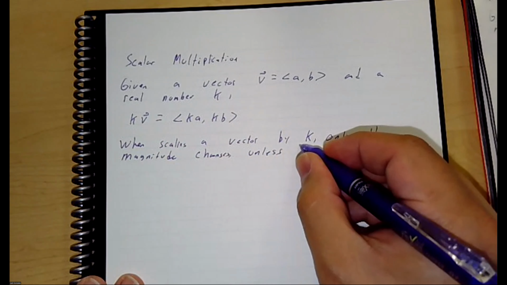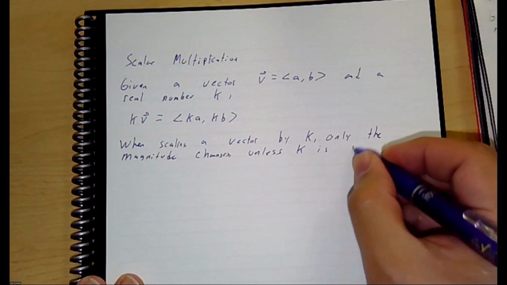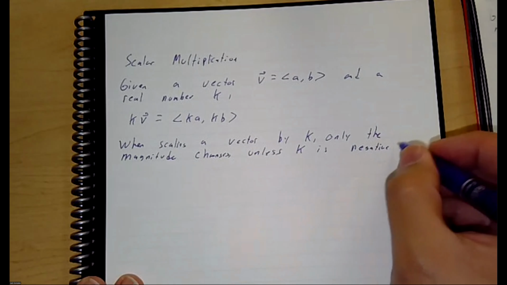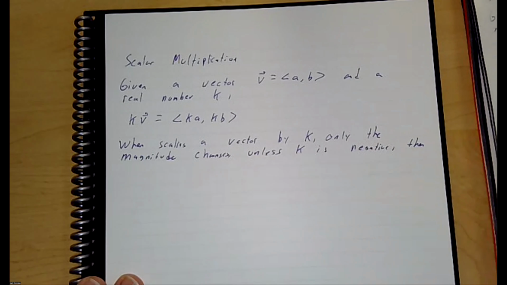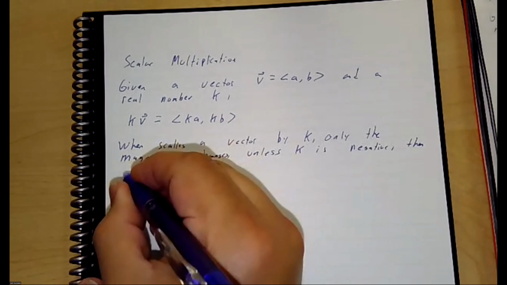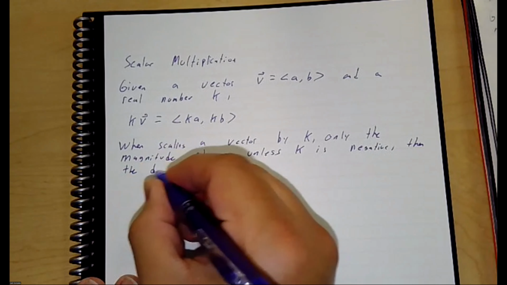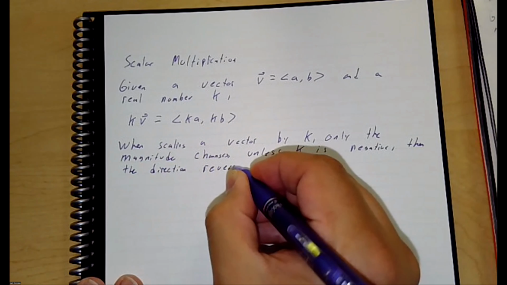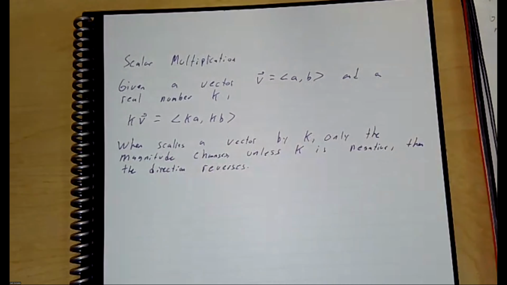Unless k is negative, then the direction reverses. So if you multiply by times 2, the vector doubles in size. Do -2, it doubles in size but goes the opposite direction. That makes sense. Just flip it over.